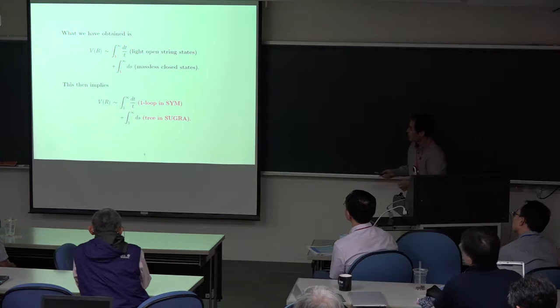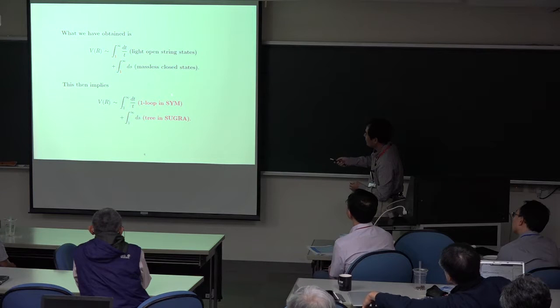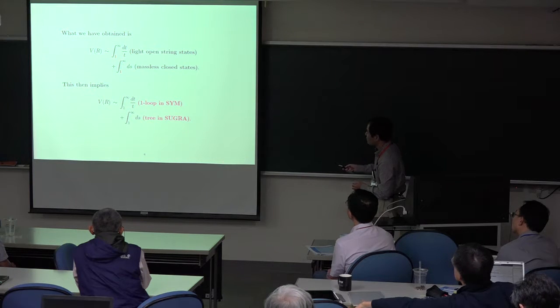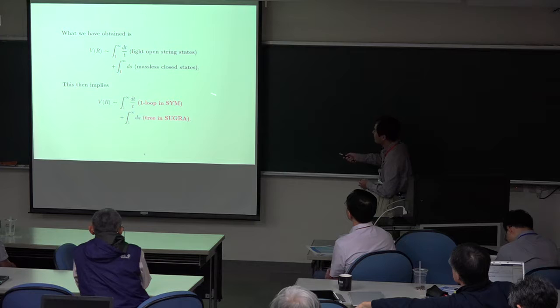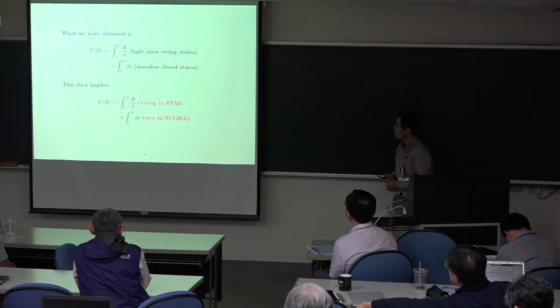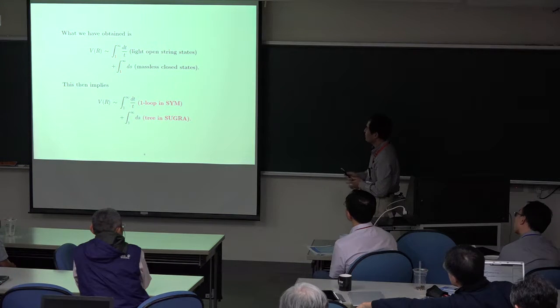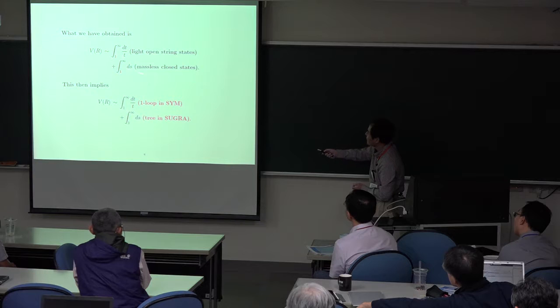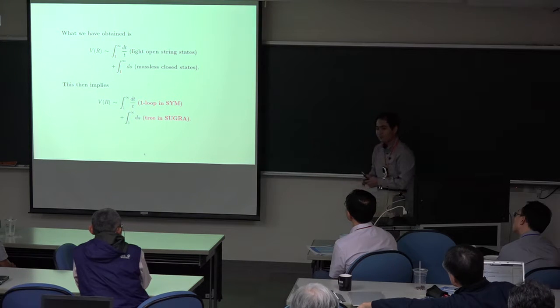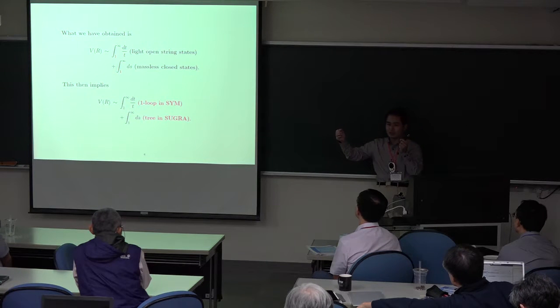And this can be said in this way. This can be given by the one-loop calculation in the super Yang-Mills, and this can be obtained from the tree calculation in supergravity. From this expression, we notice that this kind of calculation can be done only when we can quantize the open strings between D-branes.